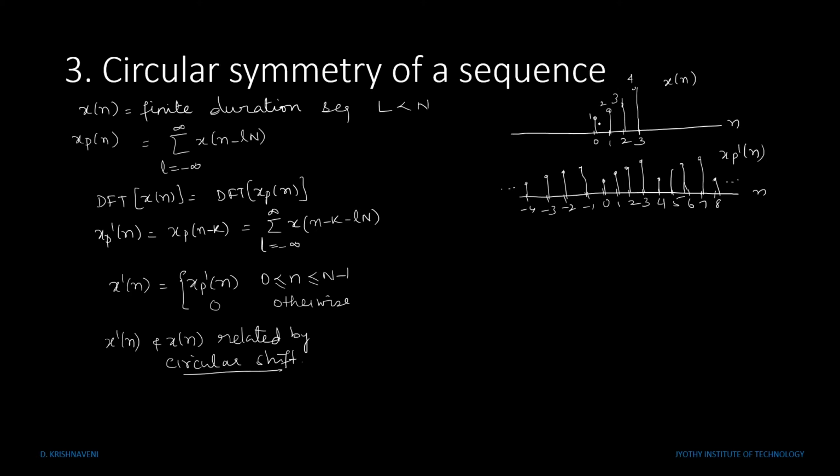You can see 1, 2, 3, 4 periodically repeated after every 4 samples. Next, what we are doing is shifting this sequence xp of n by k units. So this is xp of n. Now this will be xp dash of n, which is xp of n minus, let us say we are shifting it by 2 units. So when we shift by 2 units, what are we going to get?